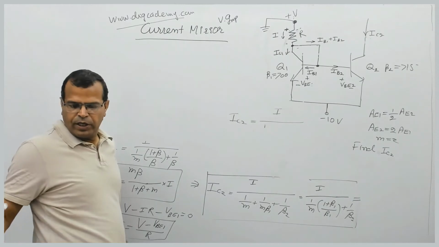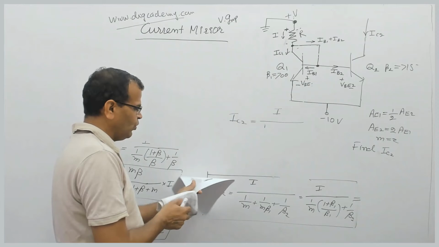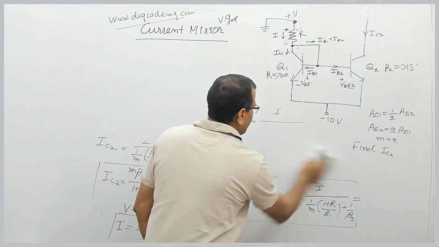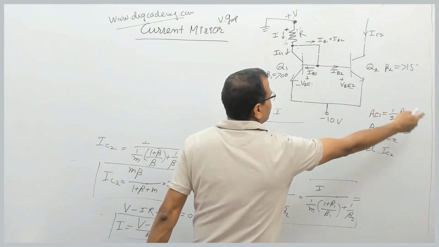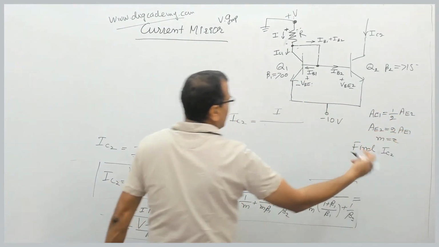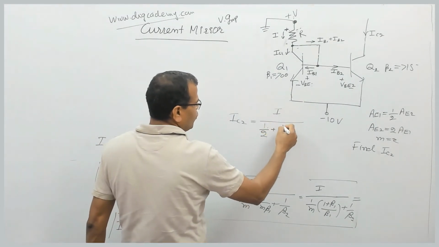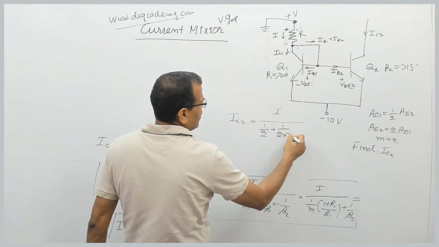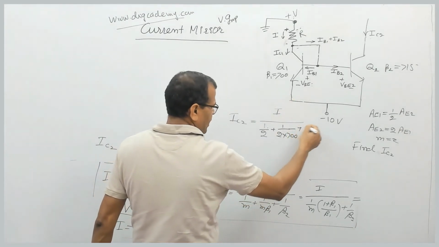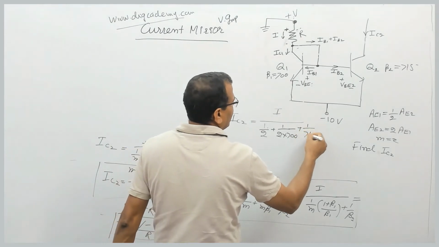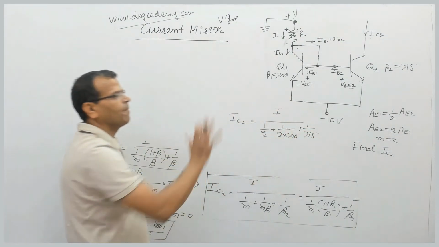M is 2 here. Why? Because the area of cross section of Q1 is half of Q2, so AE2 is 2 AE1, and M is 2. So IC2 equals I divided by (1 by 2 plus 1 by 2 into 700 plus 1 by 750). That's it. This is what you have.